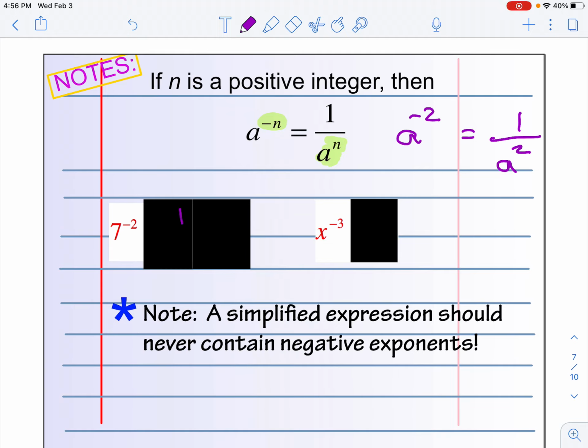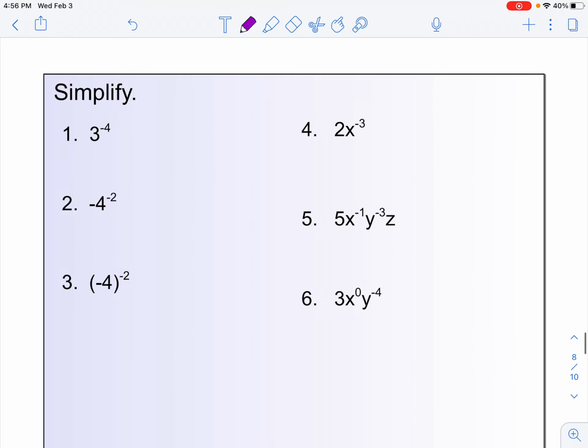So 7 to the negative 2 becomes 1 over 7 to the second power, which is 1 over 49. X to the negative third power is 1 over x to the positive 3. So a simplified expression, when you simplify, should never contain negative exponents. They need to be put on the bottom of the fraction as a positive because you are not multiplying by x 3 times, you're dividing by x 3 times.